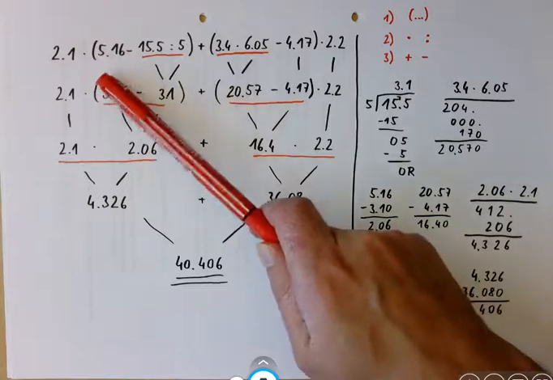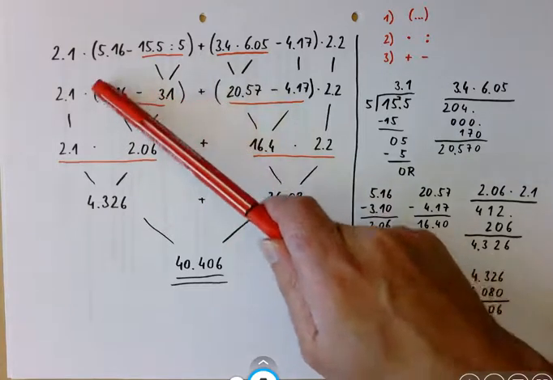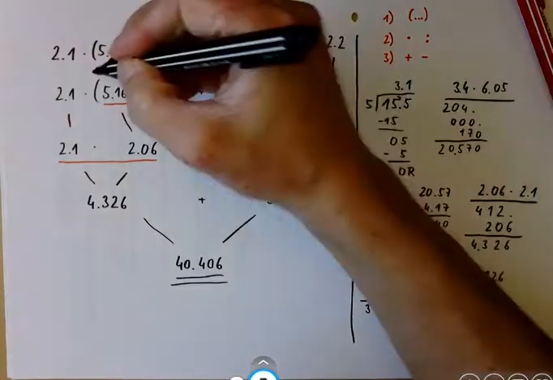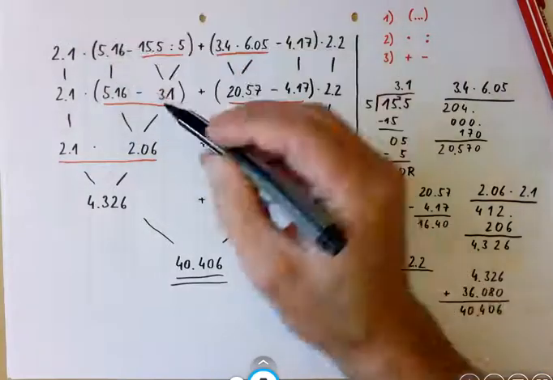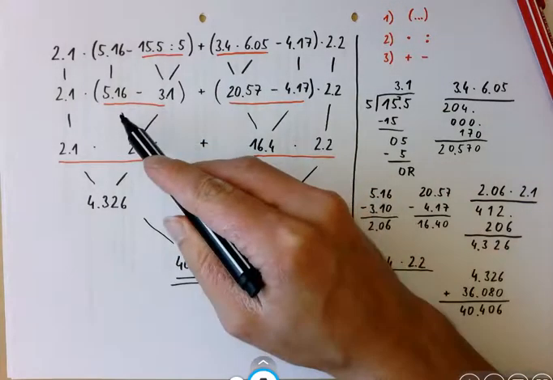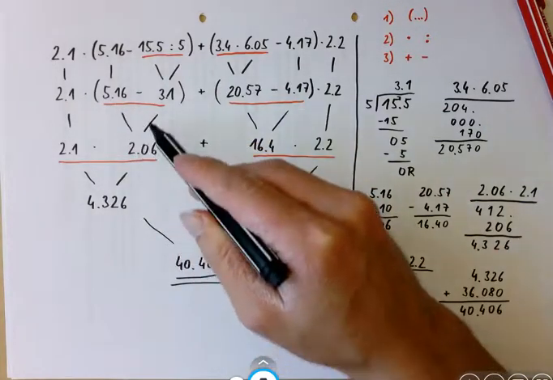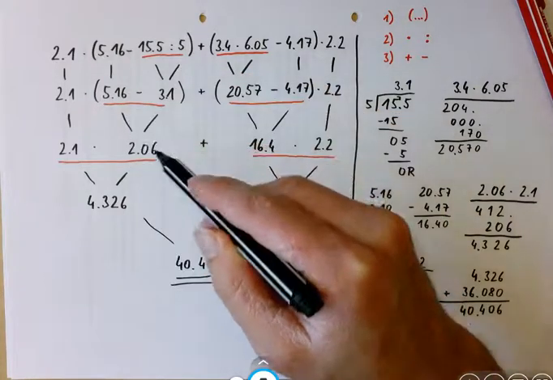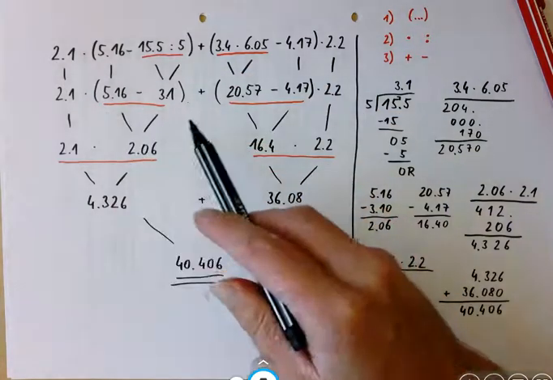Don't forget the brackets as long as you haven't used all of the parts of the bracket. So we have the brackets still here, but then they go away because we compress everything from the bracket into one number, and then we can leave the bracket away.